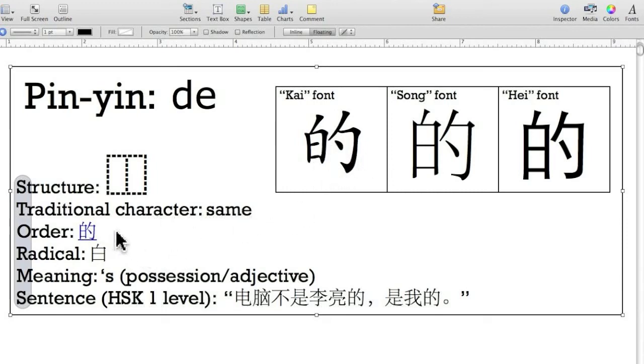The stroke order we saw in the previous video when it was written by hand. You can also see the stroke order at nciku.com.